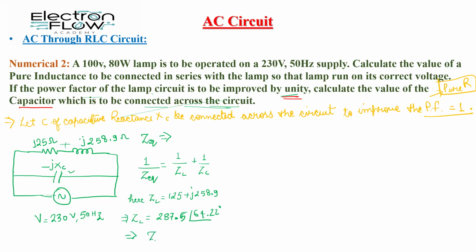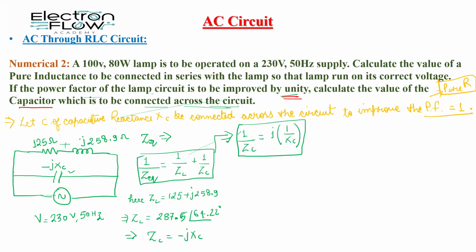We know that Z of C is equal to negative jXC. So we can rewrite the expression as 1 upon Z of C is equal to j multiplied by 1 upon XC.